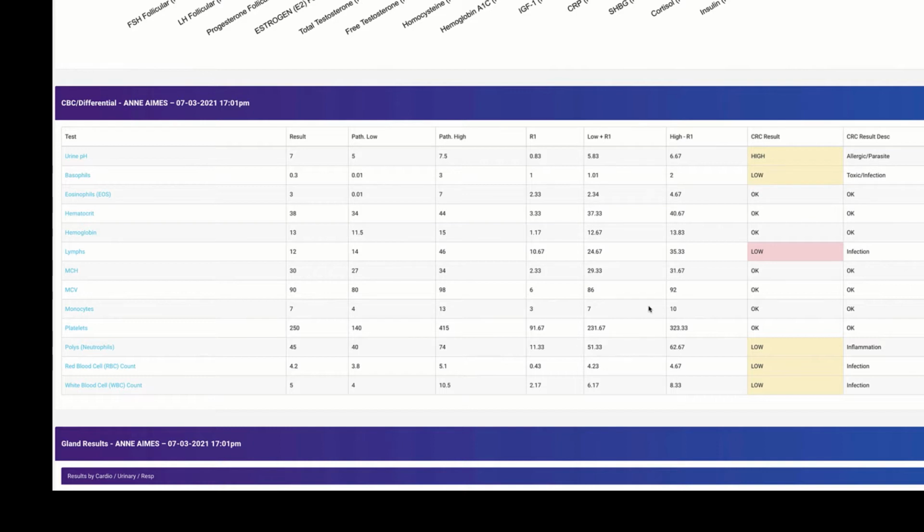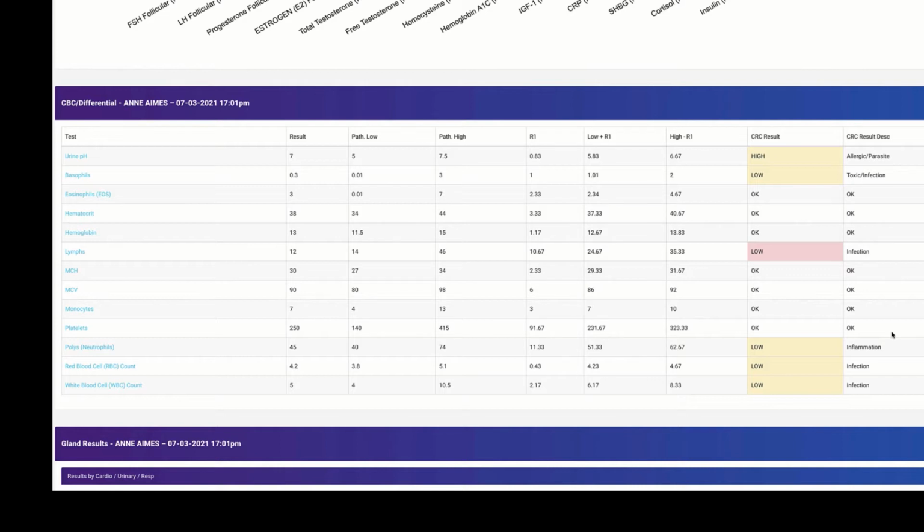And you can see that this particular patient is having problems with the basophils, having problems with the neutrophils, red blood cell counts are low, white blood cell counts are low, and lymphocytes are extremely low. In fact, they're out of range because they're in red. So this patient has a lot of immune stress going on. So you have a weak immune system, a weak endocrine system, and extremely low metabolic rate.